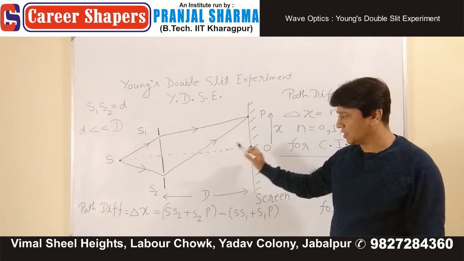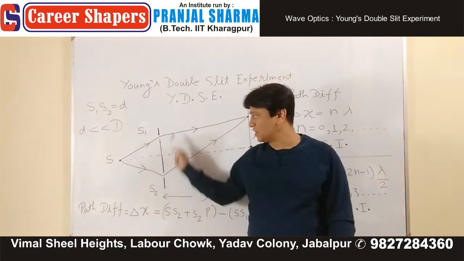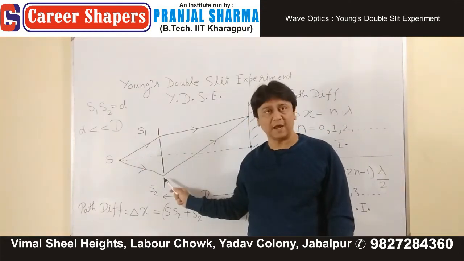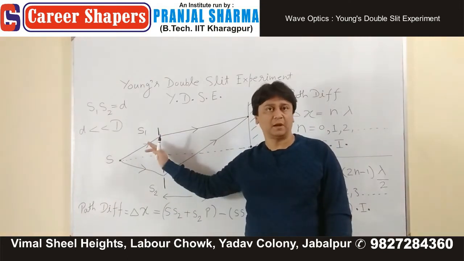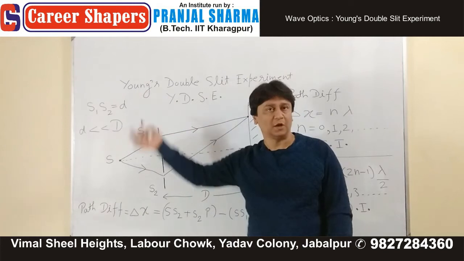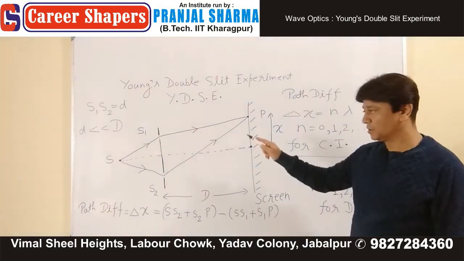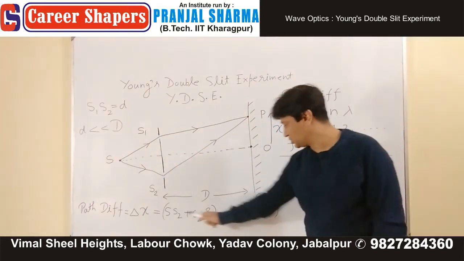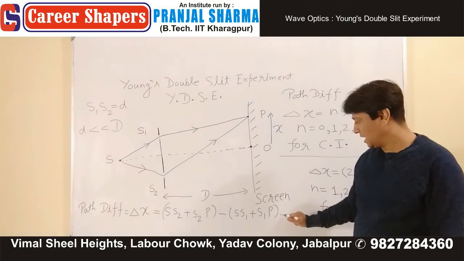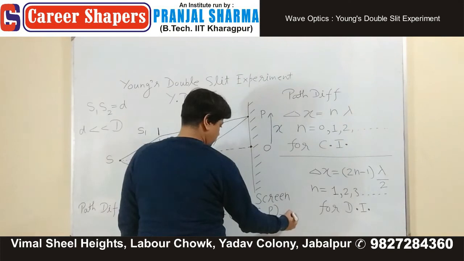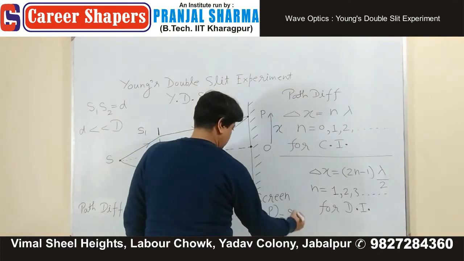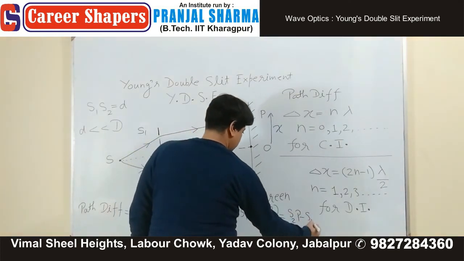In this setup, SS1 and SS2 are same. In some other setup, they may get some other value, but right here, in this particular setup, SS2 and SS1 are same, and therefore this path difference is only S2P minus S1P.